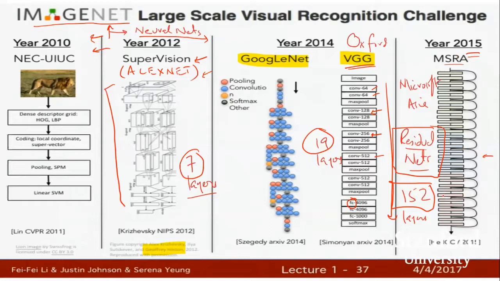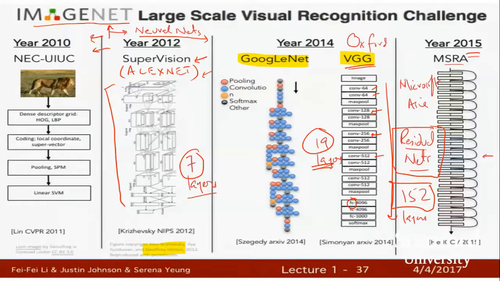But when you have a large number of layers, you run into trouble. As I said, if you add more and more layers, does it always help? It doesn't always help. What are the problems associated with having 152 layers? Why did GoogleNet not try more than 19 layers, right? Because there's the law of diminishing returns.